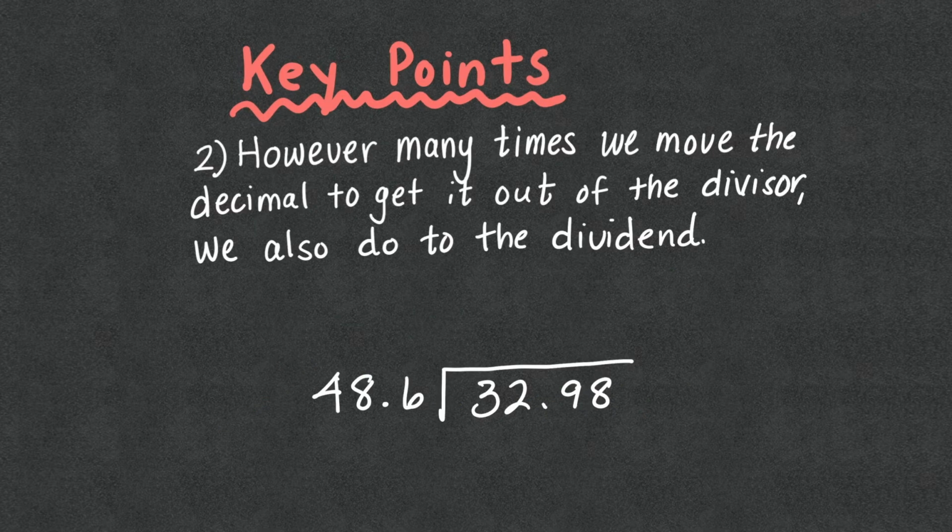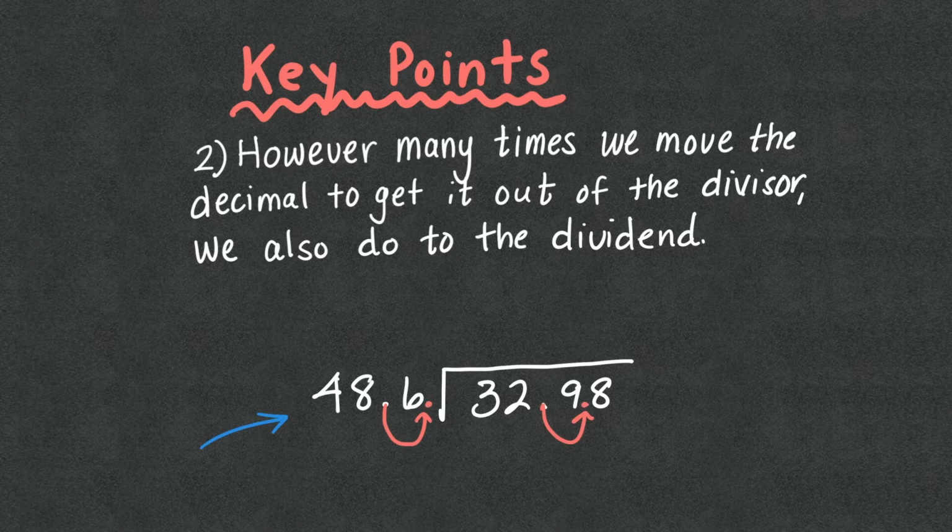Now, we also have to have that process of how do we even get there? We focus first on our divisor. However many times we move the decimal to get it out of the divisor, we also do to the dividend. So, if we have to move this 1 time, because now it makes the number 486, we have to move it once as well here.